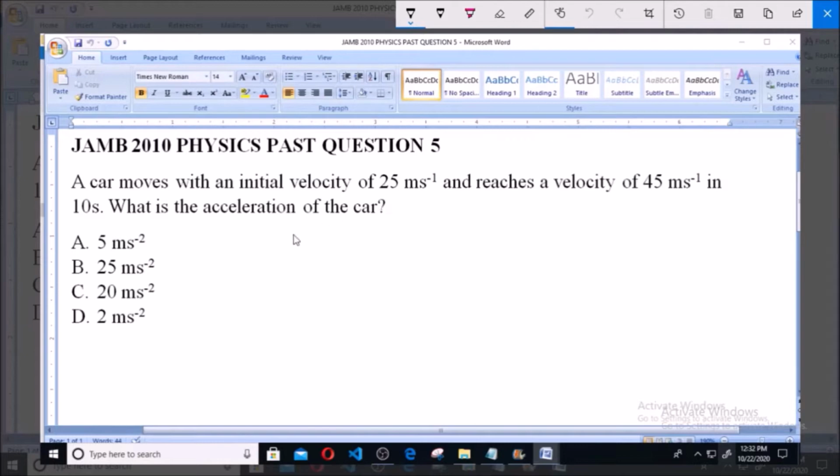So this question is very straightforward. You are asked to calculate the acceleration of a car, and you've been given both the initial velocity and the final velocity, and also the time.